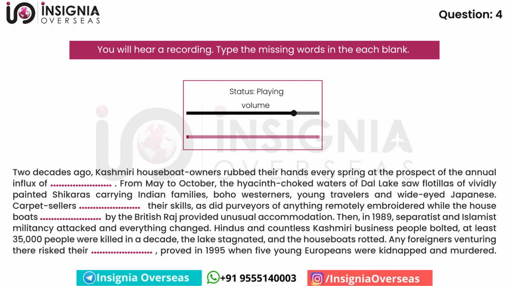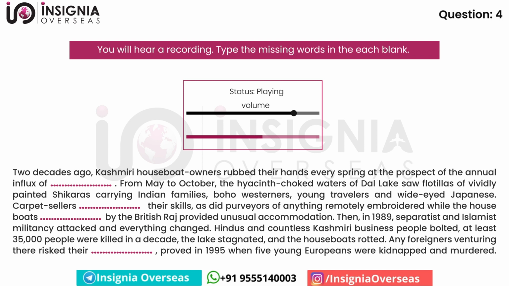Two decades ago, Kashmiri houseboat owners rubbed their hands every spring at the prospect of the annual influx of tourists. From May to October, the hyacinth-choked waters of Dal Lake saw flotillas of vividly painted shikaras carrying Indian families, boho Westerners, young travelers, and wide-eyed Japanese. Carpet sellers honed their skills, as did purveyors of anything remotely embroidered, while the houseboats, initiated by the British Raj, provided unusual accommodation.